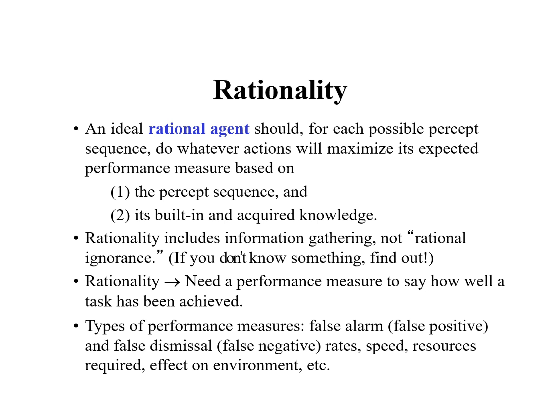There are certain types of measures to look at whether rationality has completed its outcome: false alarm, false positive, false dismissal or false negative, rate, speed, resources required, effects on environment, etc. That is, whether a false positive or false negative result is acquired, the rates, the speed of the output solution, and the resources required.